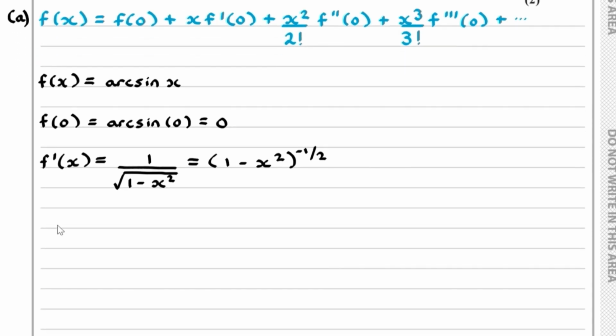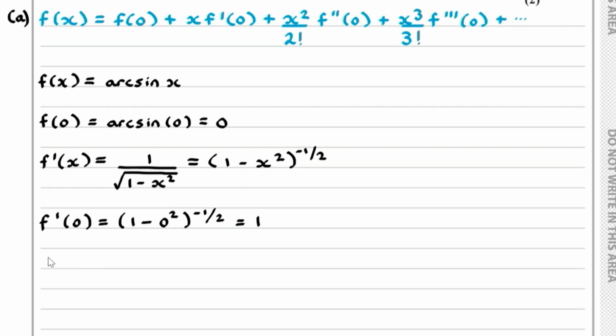So if we work out what f dash of 0 is, that's 1 minus 0 squared to the power of minus 1/2, which is 1. We have the first non-zero term equaling 1.